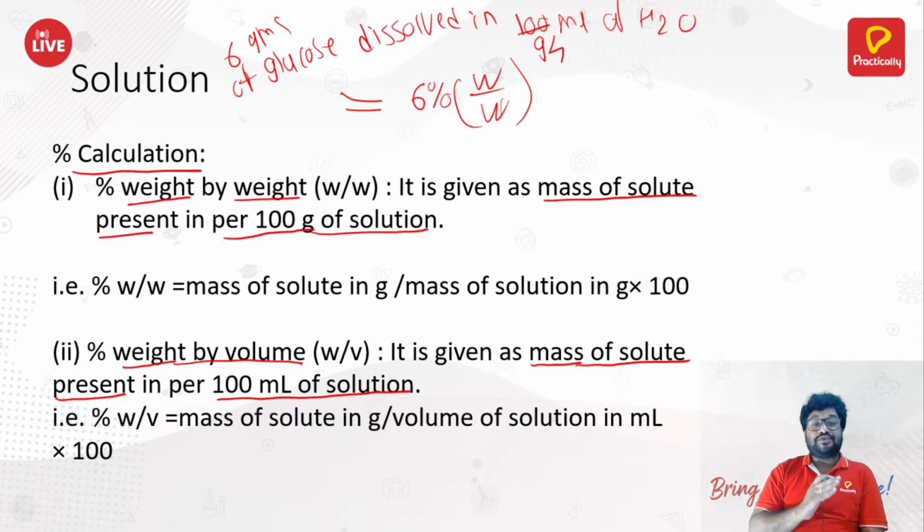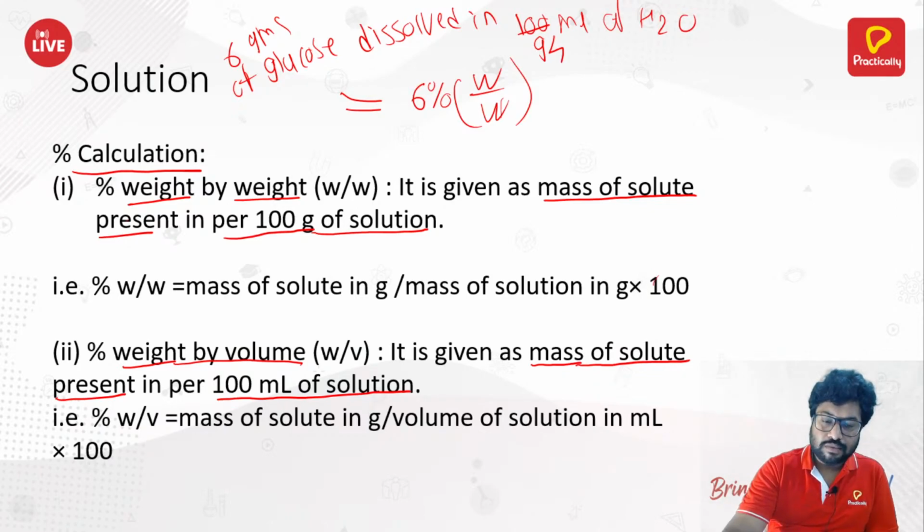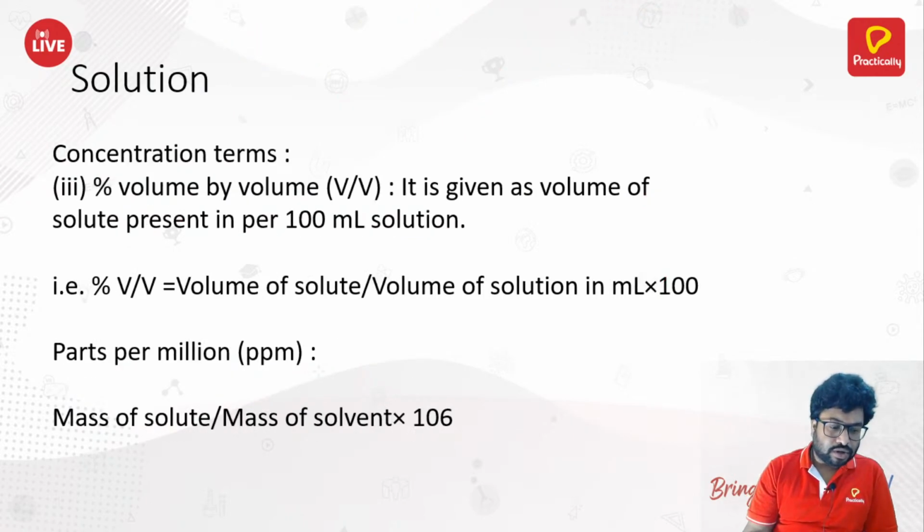Here, percentage weight by volume is equal to mass of solute in grams divided by volume of solution in ml, multiplied by 100. That will be percentage weight by volume. Okay, so moving ahead, percentage solution.